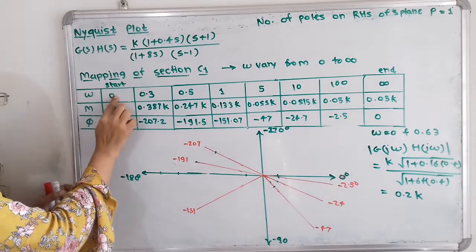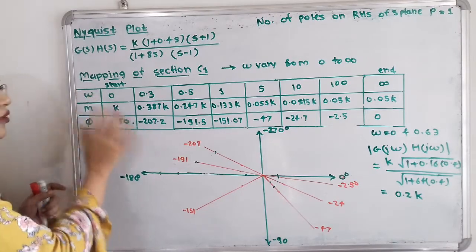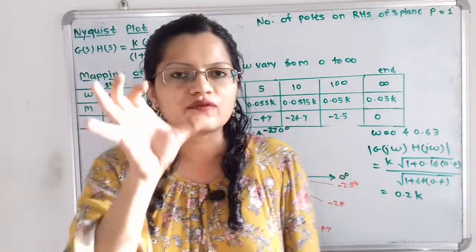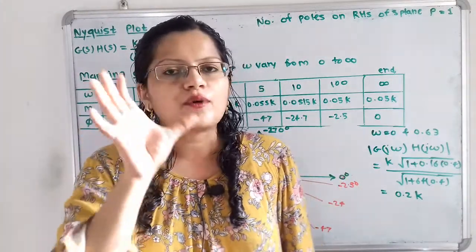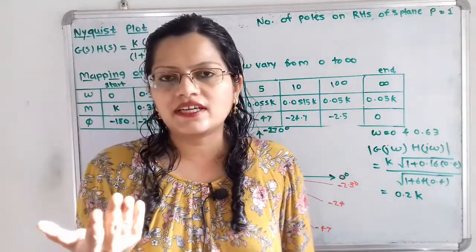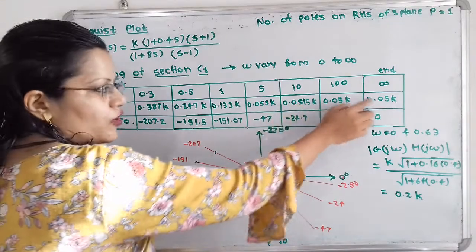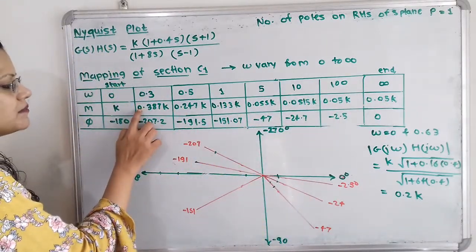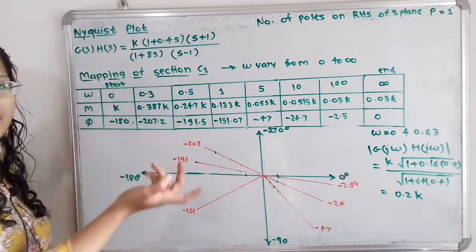When omega is equal to 0, the magnitude is equal to K. So how to plot this magnitude? We will refer to one particular scale for the value of K. Suppose we take K equal to 10 centimeter. Then all these magnitudes will vary accordingly. For this 0.3 it will become 0.387 multiplied by 10, that is 3.8 centimeter.